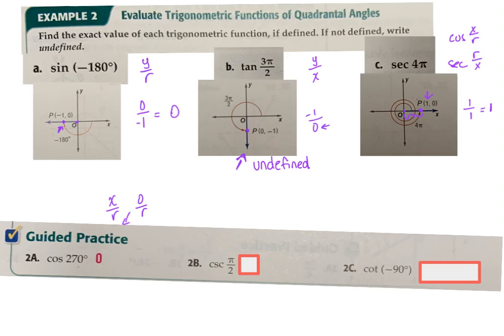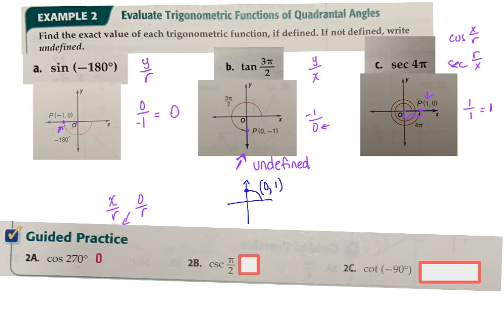All right? What about this next guy? Pi over 2. Pi over 2 is right here. What is my x value right there? On the y-axis, x is 0. My y value is 1, if my radius is 1.